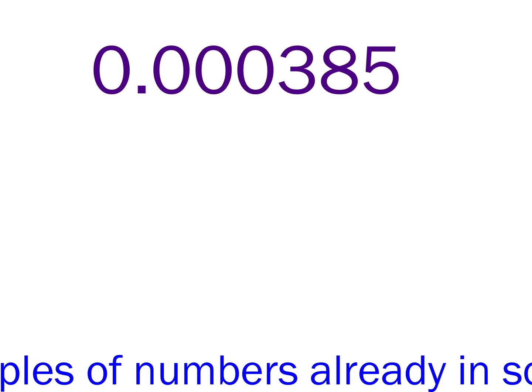Now here's a really small number. 0.0000385. So when we're going to write our first number, the first number that's not a 0 is what? 3. So we're going to put a decimal after the 3. How many spots did we move the decimal? 1, 2, 3, 4.